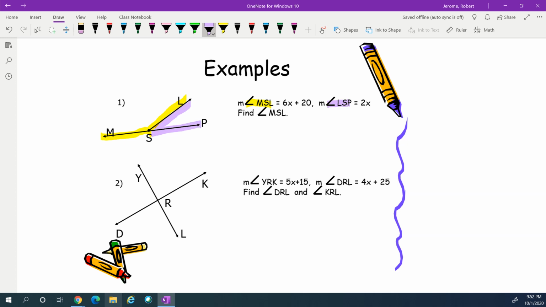So now we have to figure out what to do with them. Well, if I look at that picture, they're a linear pair. We can observe that. So what does it mean to us? We have a linear pair, which means they're adjacent, which they are, and supplementary.